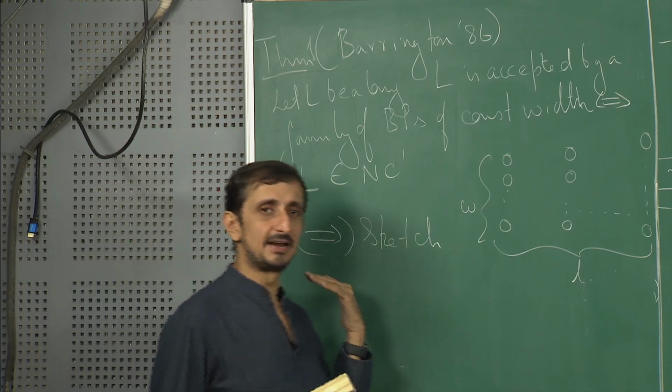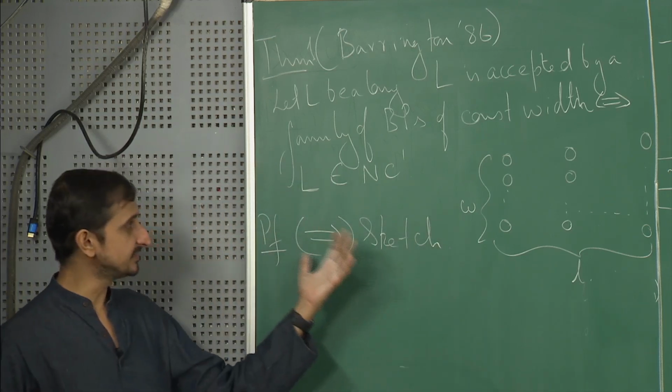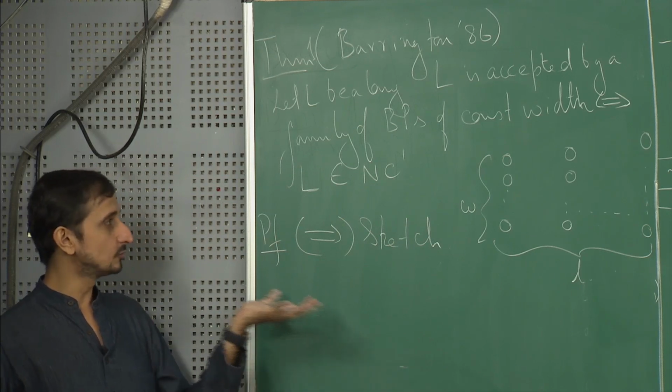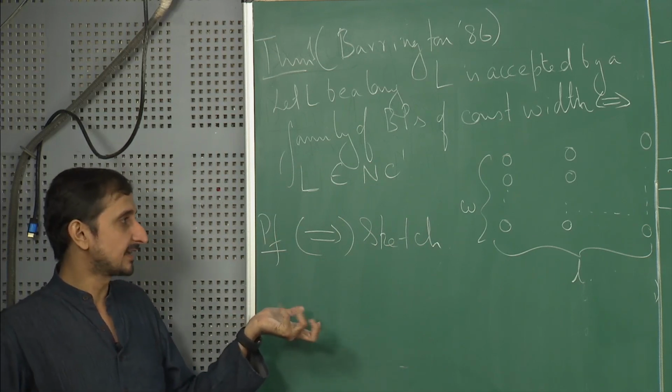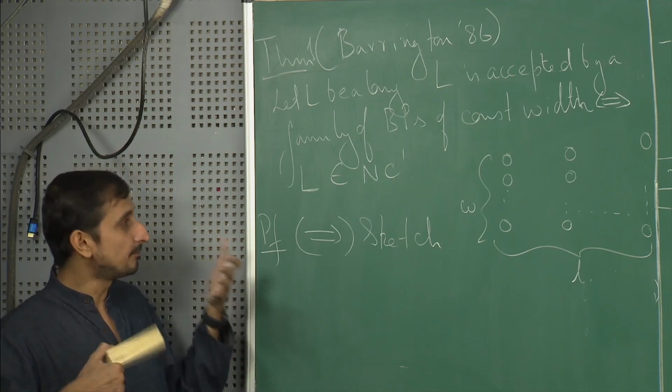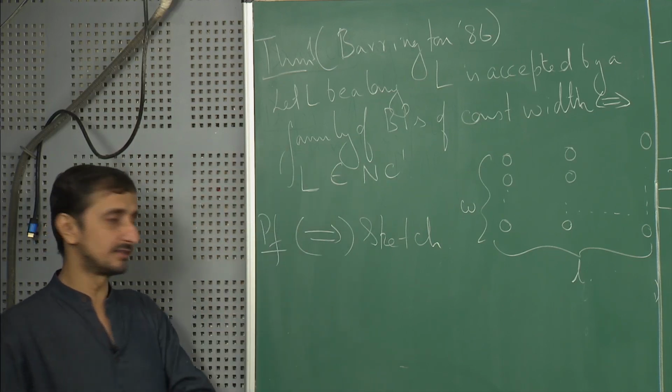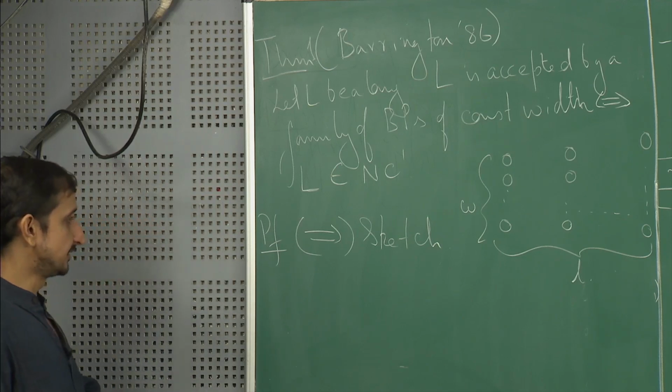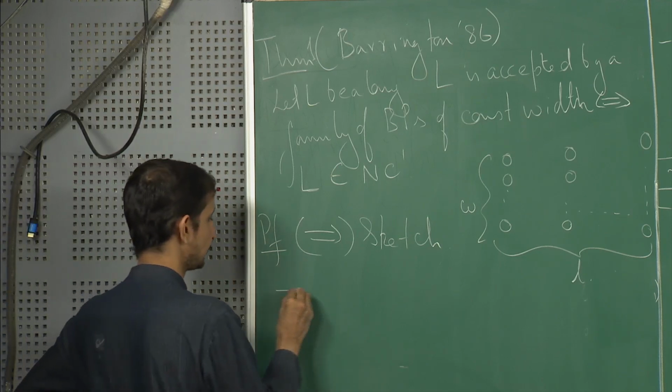But what about the reverse direction? As I said, functions in NC1 can be so complex that it was counterintuitive, it was not believed that there could be constant width branching programs for those functions. Okay. So how does the proof go in the reverse direction?